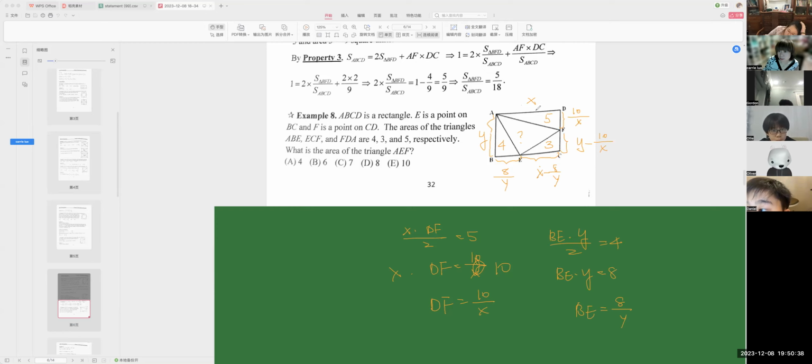Okay, so because we have Y minus 10 over X times X minus 8 over Y should equal 6, because this one divided by 2 equals 3, so this whole thing equals 6. Do you understand, everybody? Okay, so we have what?